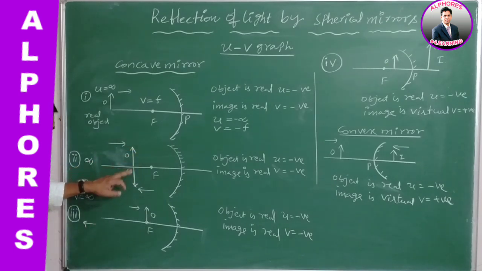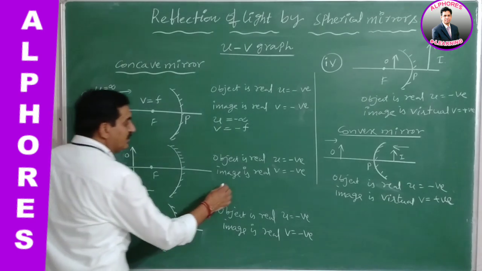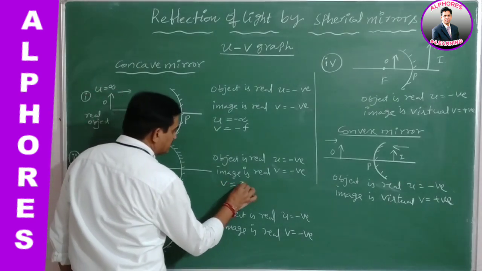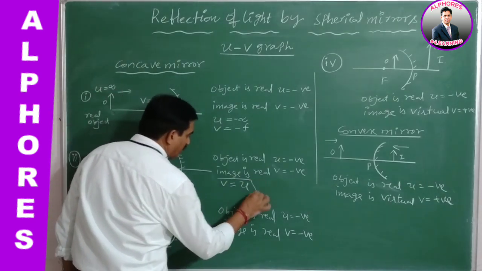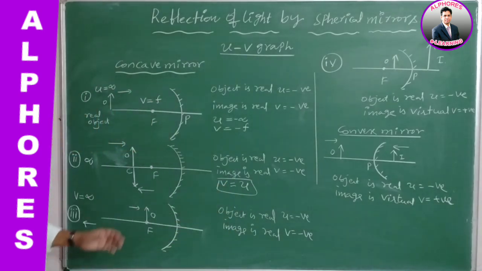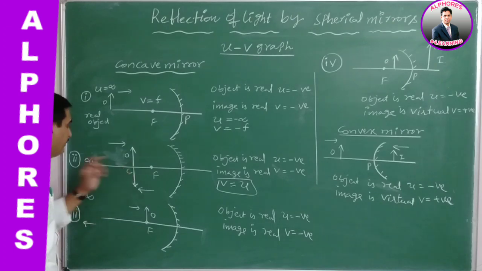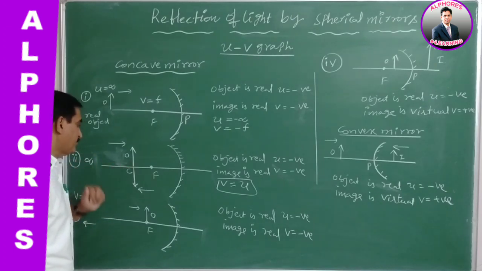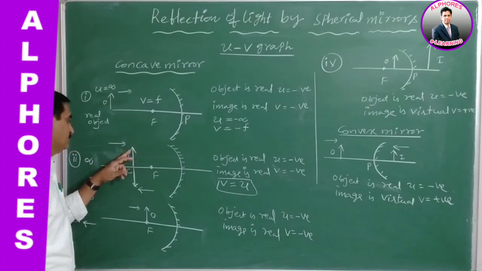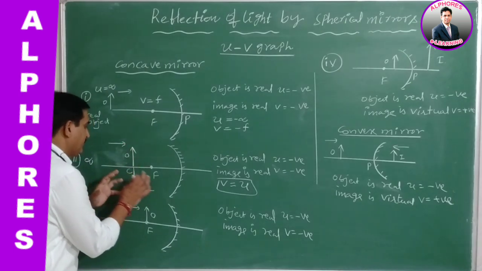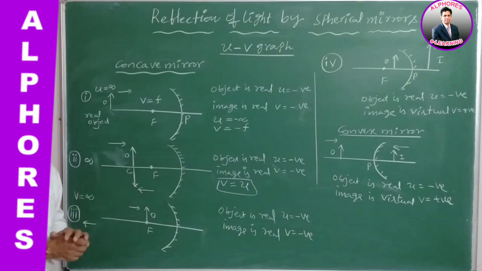In this case, object distance and image distance are both equal. V is equal to U in this case. At the center of curvature, the object is placed, then its corresponding image is also formed at the same place but having the same size.